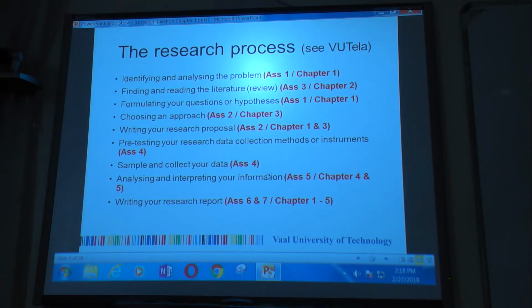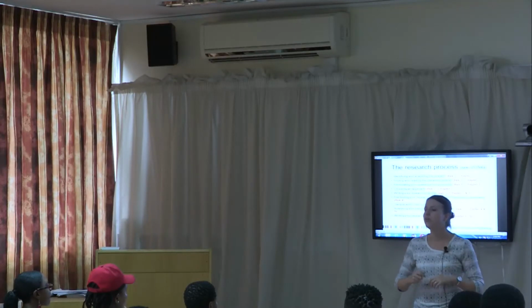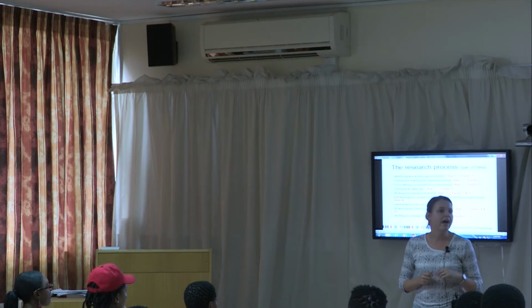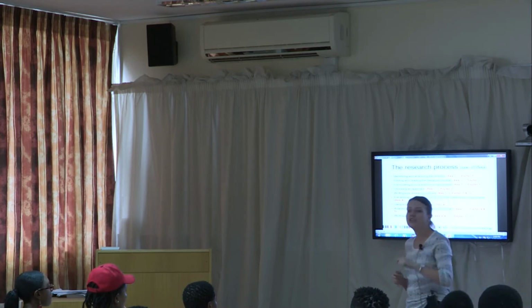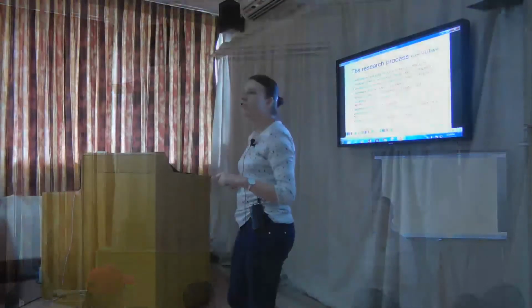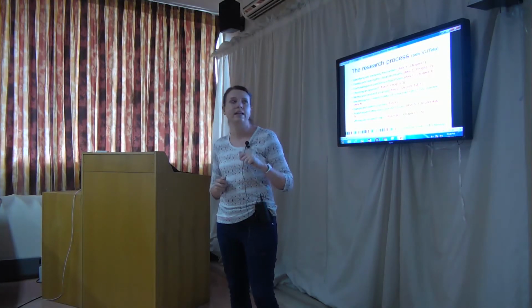The second step in our research process is finding and reading the literature review. So after you've identified a problem, you need to do what? You need to read. Read extensively. You've learned in the library training how to search for textbooks and articles. You are going to use that training to find those articles and textbooks, and you are going to read through them.